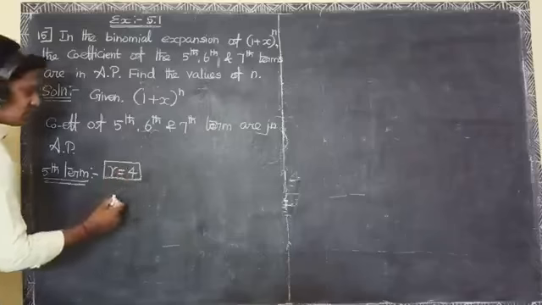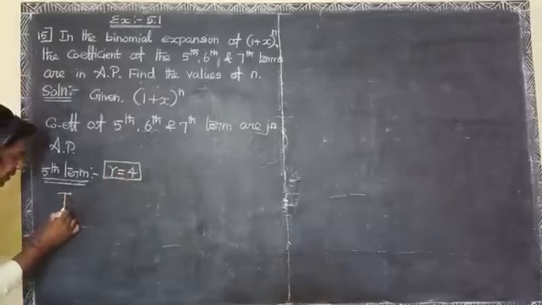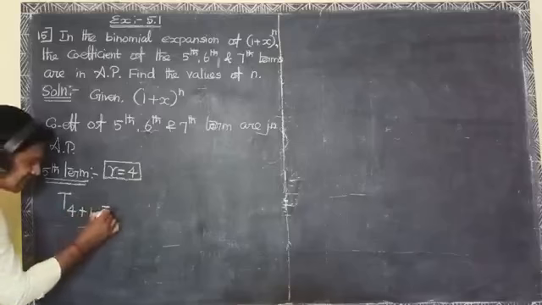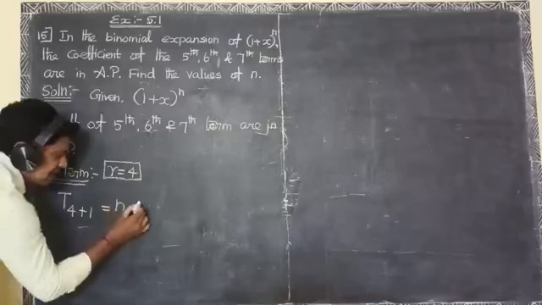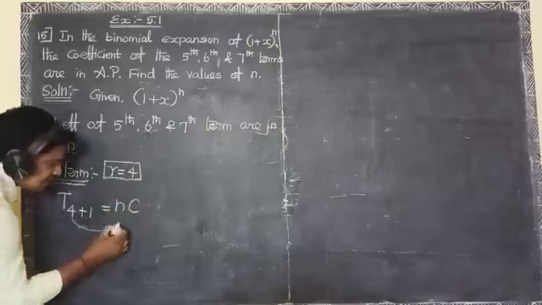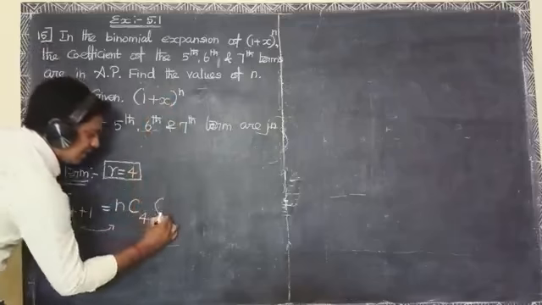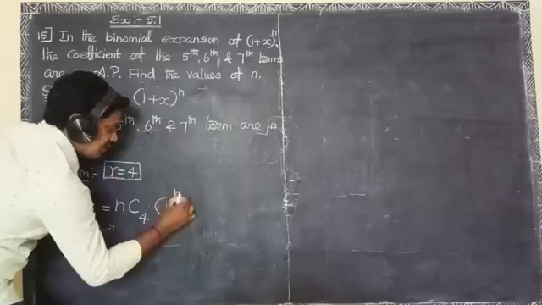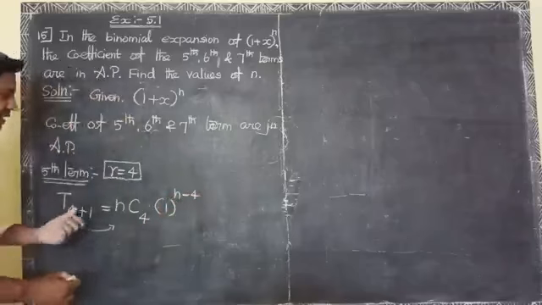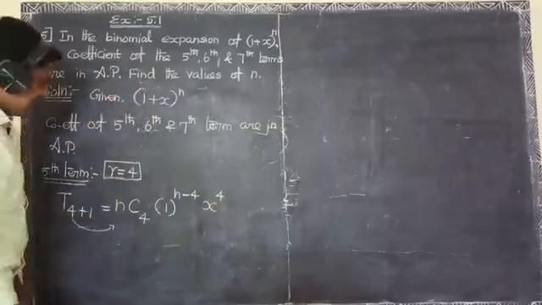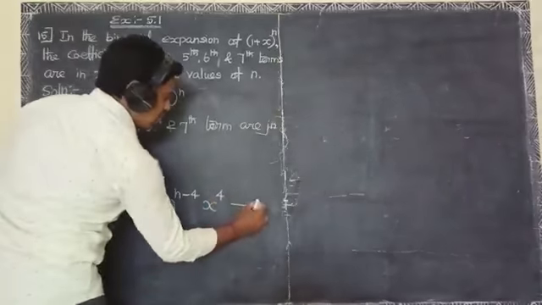Here we know the general term T(r+1), that is T(4+1), equals nC4 1^(n-4) x^4. This is equation number 1.